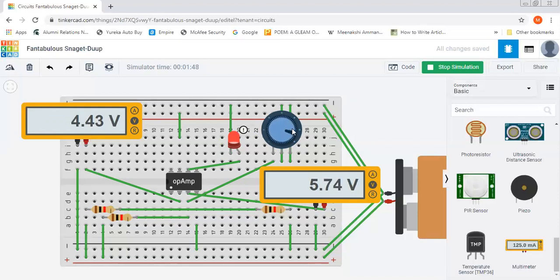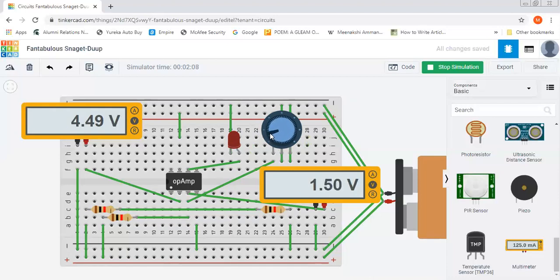Now this is simulating the LDR or light detecting resistor. We can imagine that at this stage it is daytime, and since it is daytime, the voltage at the non-inverting terminal is low.